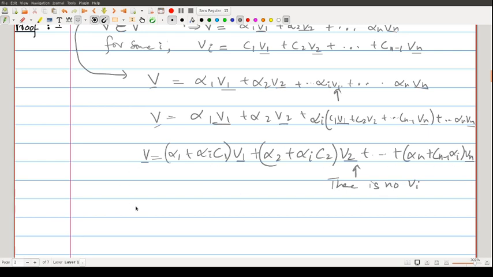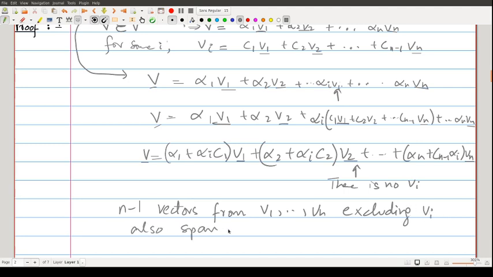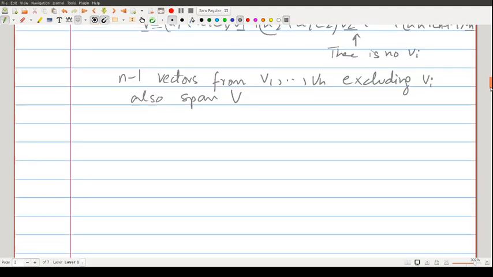And so the idea is that the n minus 1 vectors from v1 to vn excluding vi also span V, because any vector in V can be written as a linear combination of these vectors. Okay, so that's the proof of 1.